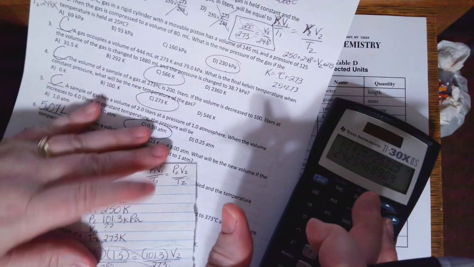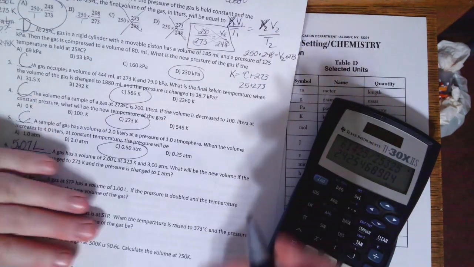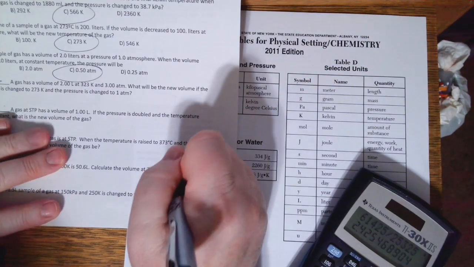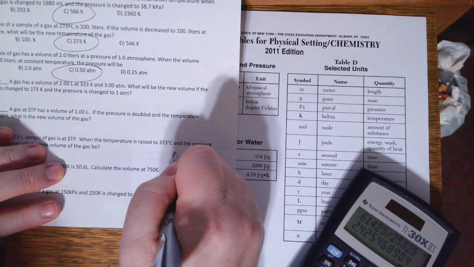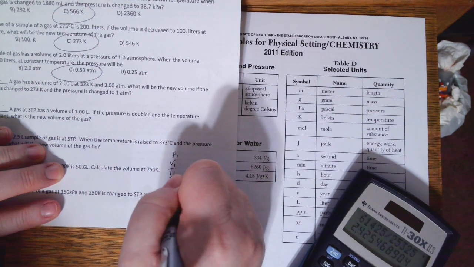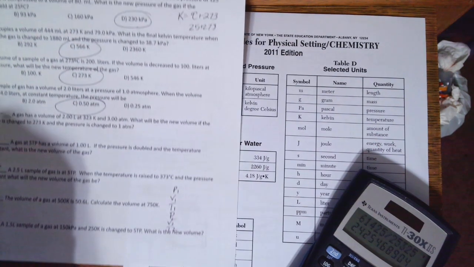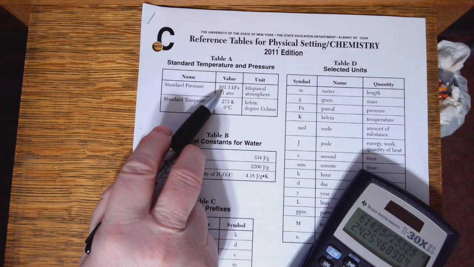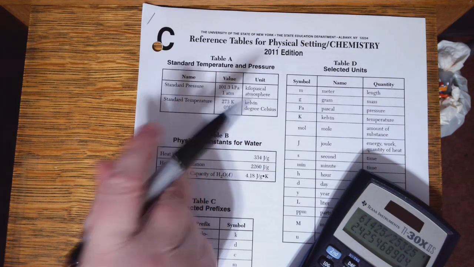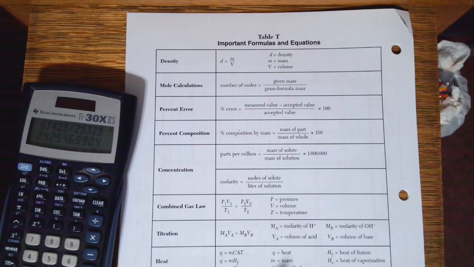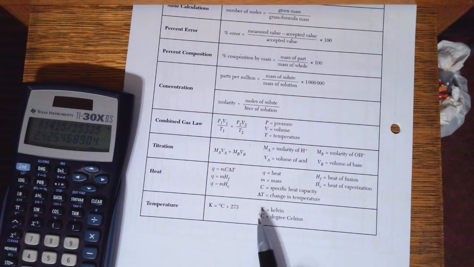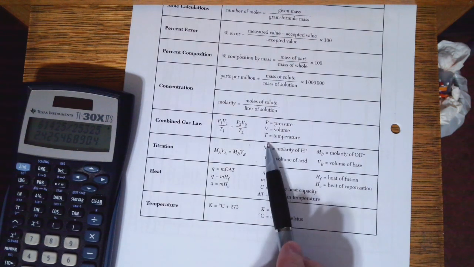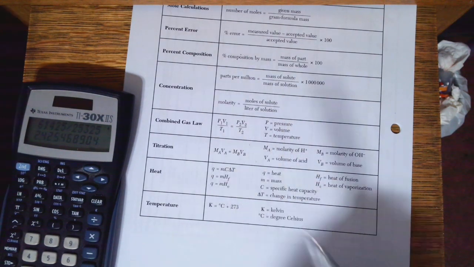That's it. So important things to remember about the combined gas law. Writing the list of variables, P1, V1, T1, P2, V2, T2. Super important, right? Remembering STP, where to find their values. Remembering that temperature has to be in Kelvin, so you're going to need to use this conversion. Remember, the formula is here.